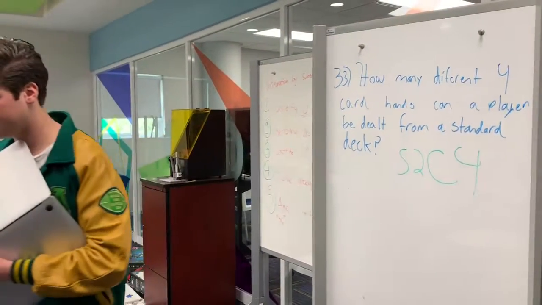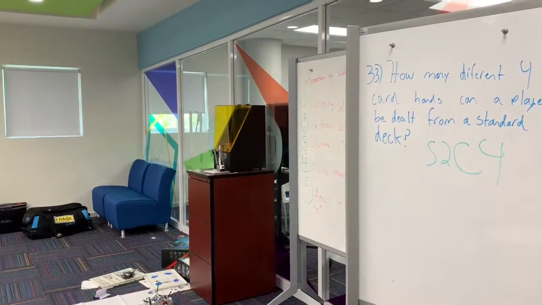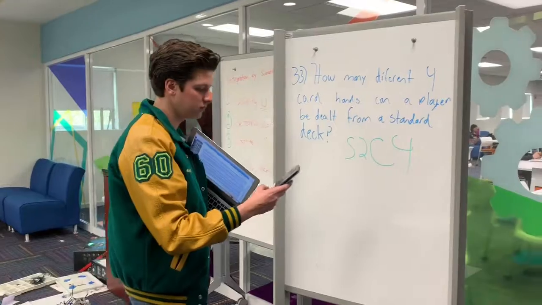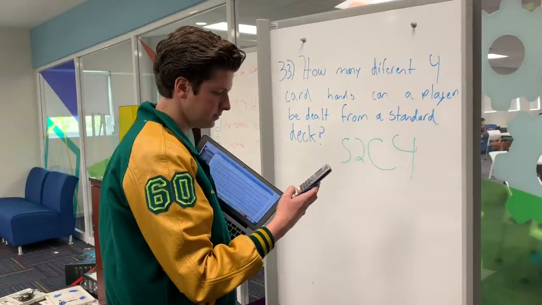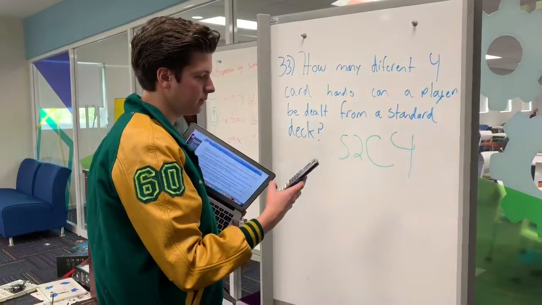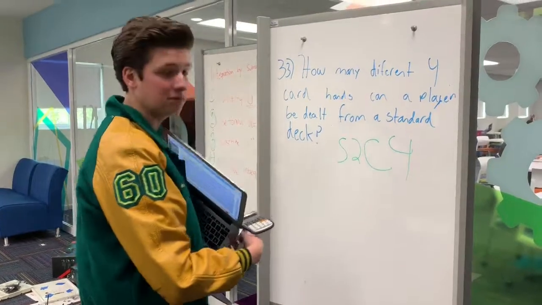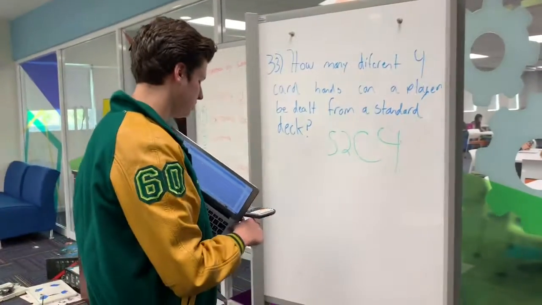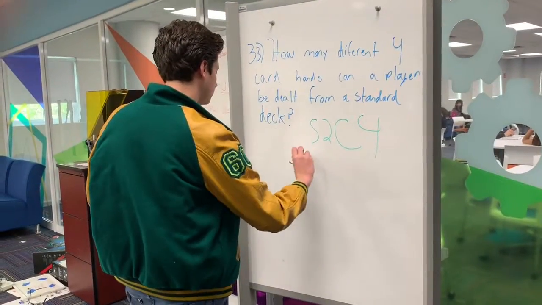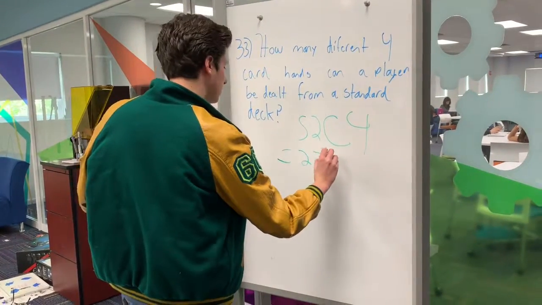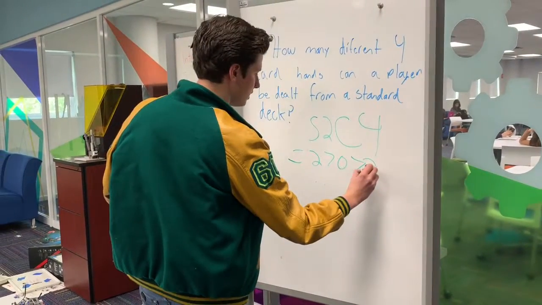So if we write it in the calculator, sorry for the delay, we'll have 52 shift 4. We have a quite big number, which is the final answer, 270725.